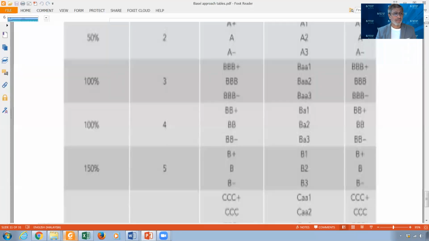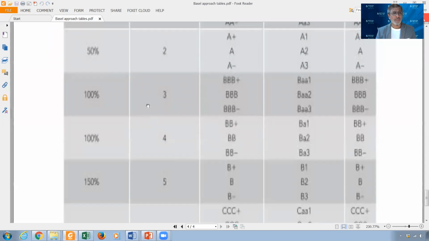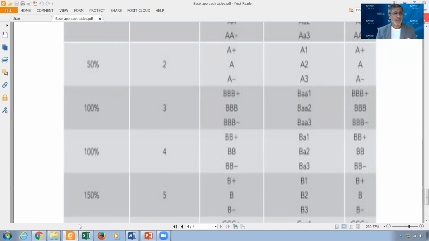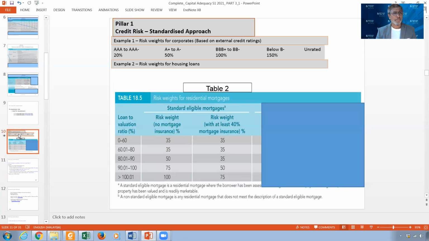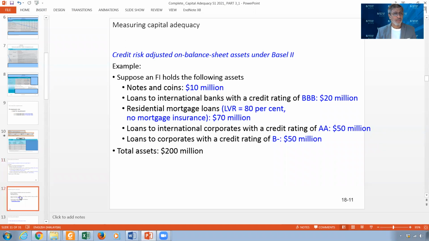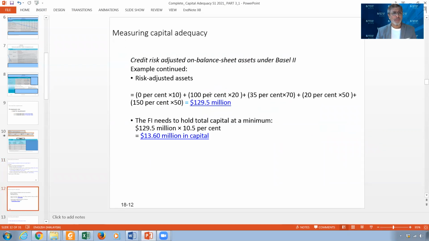Triple B is 100% times 20, which is the dollar value.